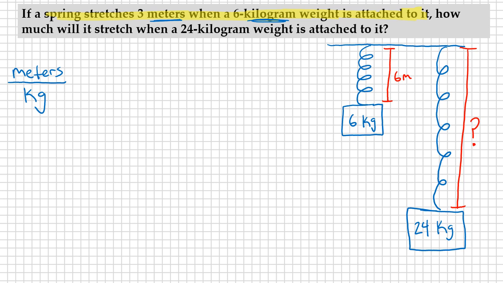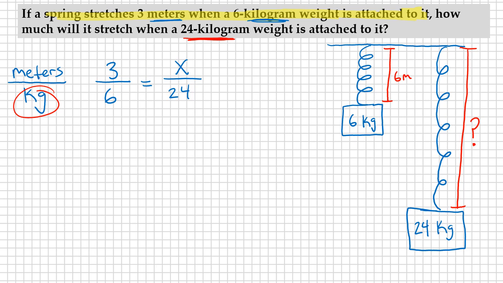All right, so our first rate, 3 meters, goes with 6 kilograms. How many meters go with 24 kilograms? And so we're given kilograms on the bottom. So our second fraction, we'll have 24 on the bottom, x on top.